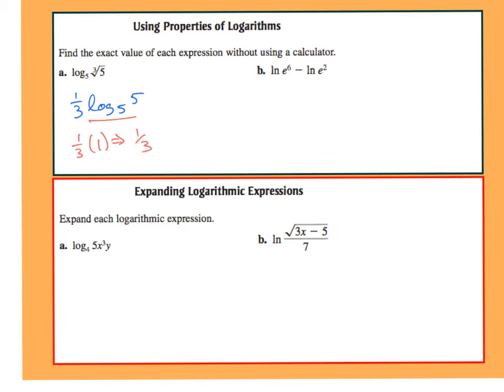All right, let's look at part B. I have natural log of e to the 6th minus natural log of e squared. What could we do with these powers? Bring them to the front. All right. So this is really the same thing as saying 6 natural log of e, and then minus what? 2 natural log of e. And what do we know natural log of e is?